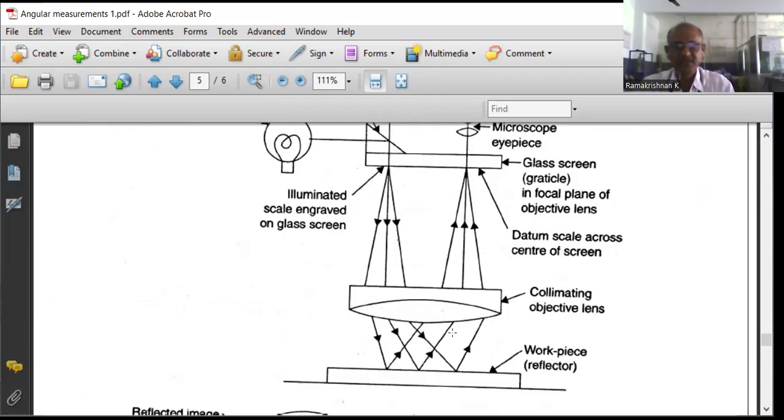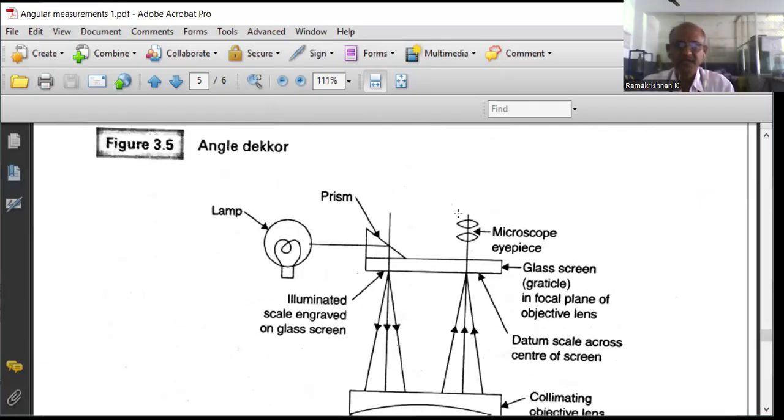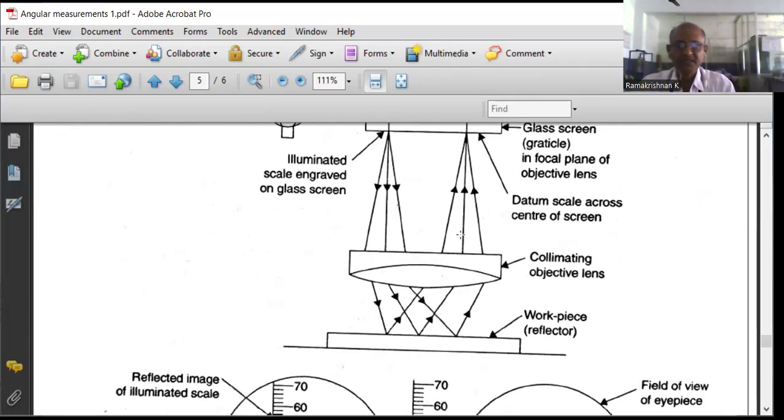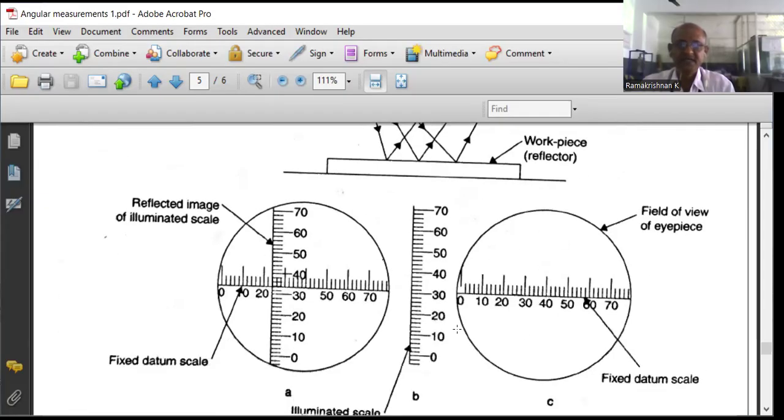Again the reflected rays pass on the glass screen, and the two scales are viewed from the microscope eyepiece. If the workpiece surface is exactly similar to the reflector surface, the point of intersection won't change.